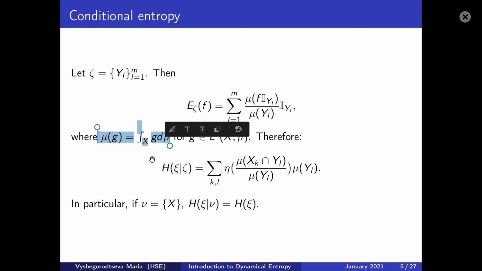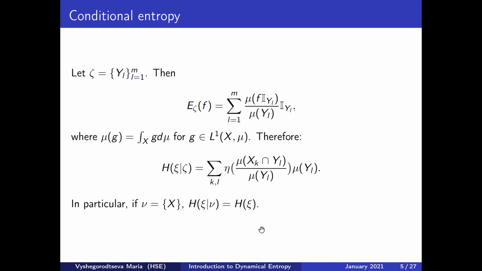So if we take a trivial partition nu that is the whole x, so we just take a partition that consists of one element, then the conditional entropy is equal to the entropy of X.